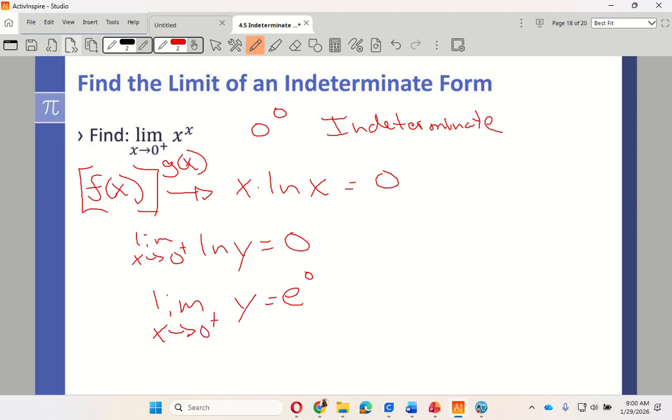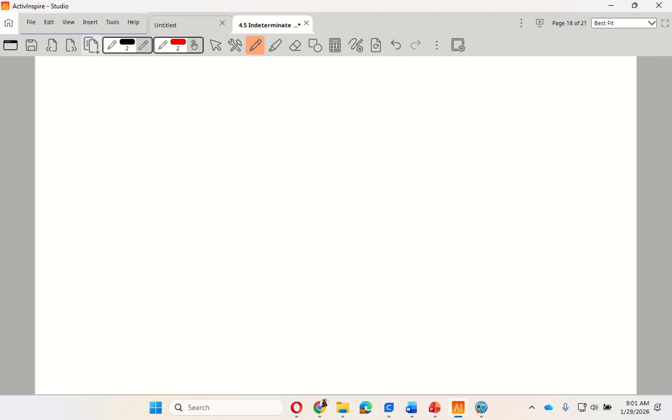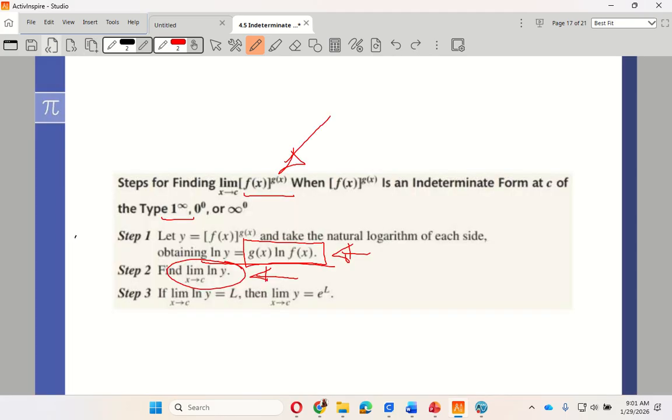Where did you get all this? Are you okay with this piece right here? Yeah. Okay. When I ln both sides, let me start over again. It said limit as x approaches 0 from the right of the problem. What was my problem?